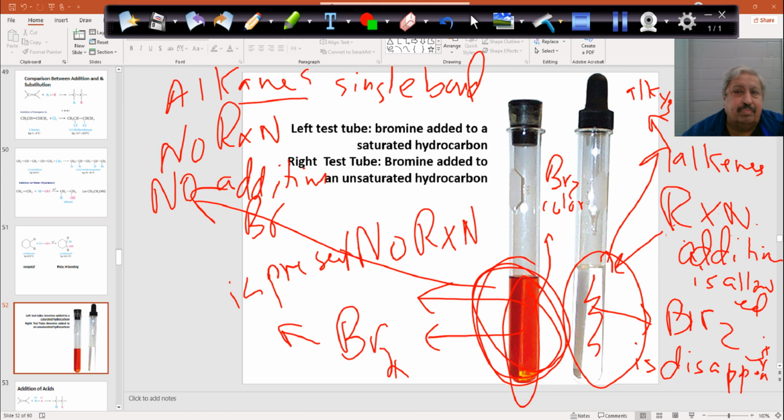So that's the best type of chemical or experimental setup to distinguish between alkanes and alkynes and alkenes. Alkanes will not add bromine. The bromine will stay as is in its color. But the alkenes and alkynes, they will add this bromine, and the color of the bromine will disappear.